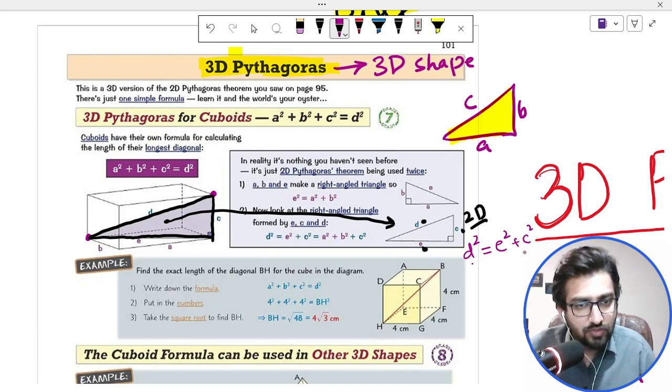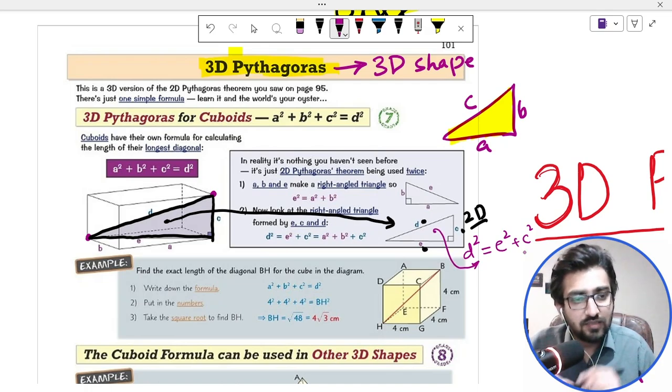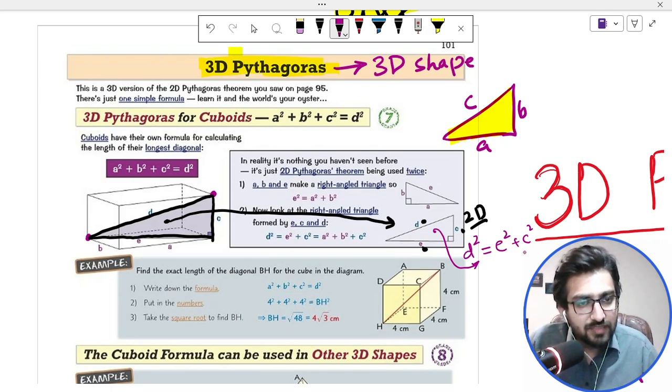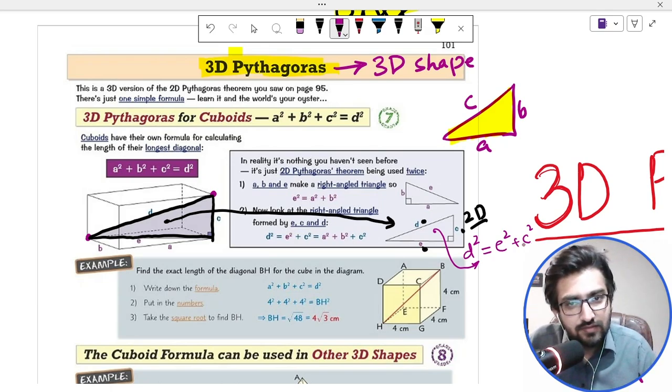I'm applying two-dimensional Pythagoras theorem because this triangle is two-dimensional, taken from that three-dimensional shape. But the problem is that C is given in the question, A is given, B is given, right?